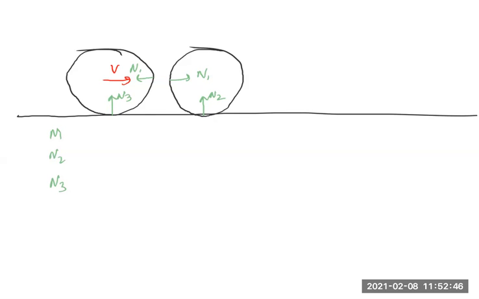N1 is the normal reaction between the two spheres, and they are identical. The two spheres are identical when they collide. N2 and N3 are the normal reactions by the floor on the two spheres.